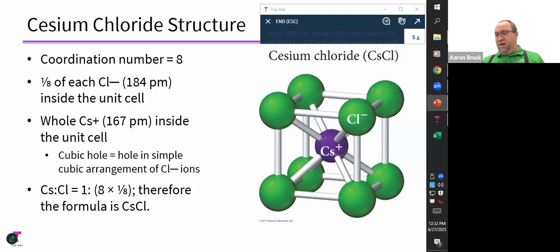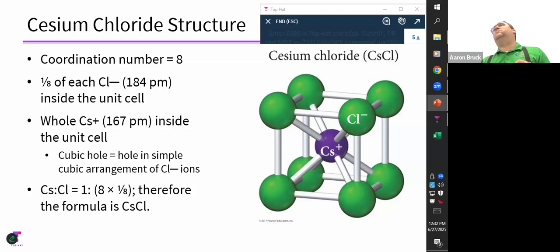And the chemical formula, well, this is where we break it down. Chloride is simple cubic, so 1 chlorine. The cesium is sitting in the middle in the body, so 1 cesium. The relationship between them is 1 to 1. Empirical formula here is 1 to 1: cesium chloride, CsCl.